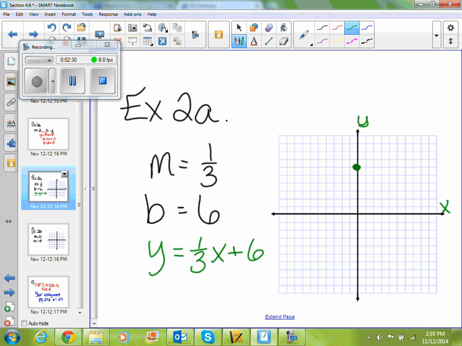I also know that my slope is 1/3, which tells me that I'm going up 1 over 3 every time. From this point, you always have to start from your intercept. I'm going to go up 1 over 3, and I have another point. Once you have 2 points, you can connect them to make a line.